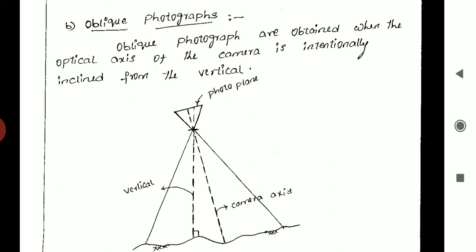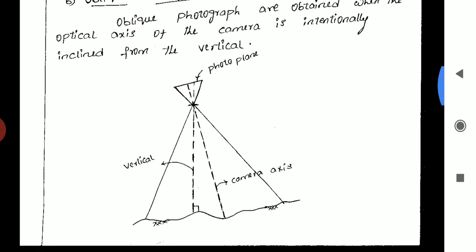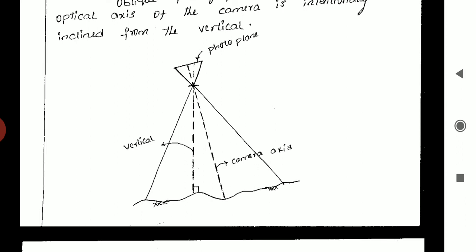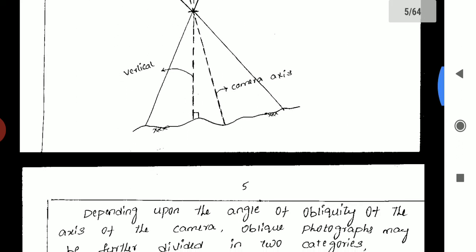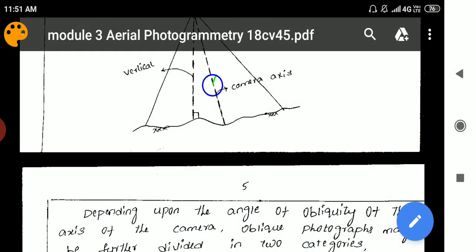Focal length you already know, but in aerial photography the definition is the perpendicular distance from the center of the camera lens to either the picture plane or the camera plate. So it is the camera axis and the picture plate.